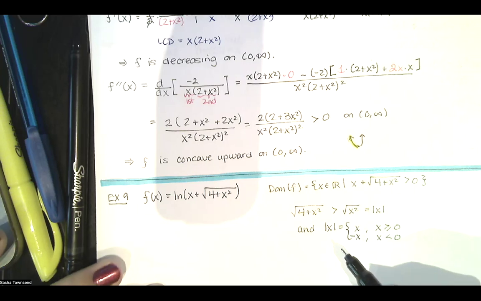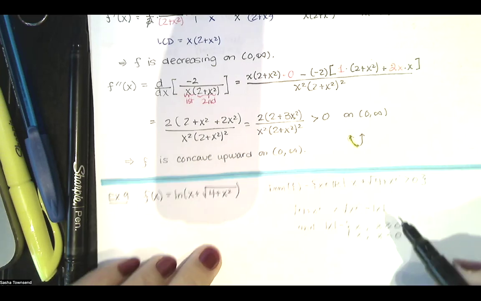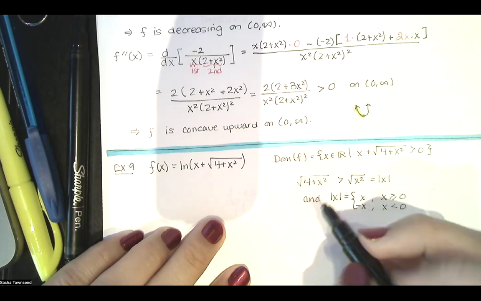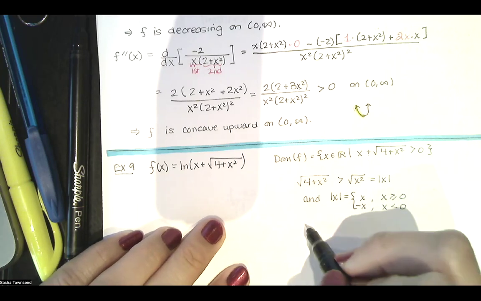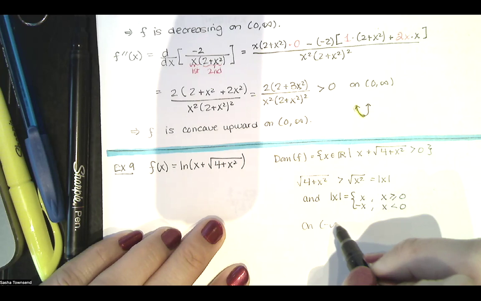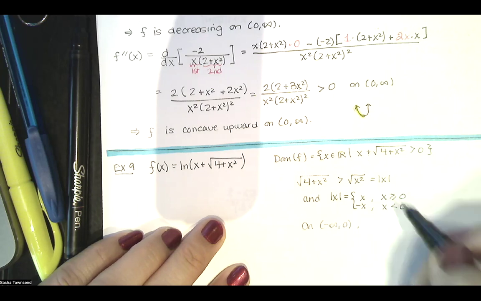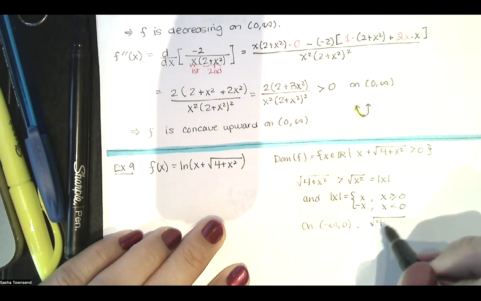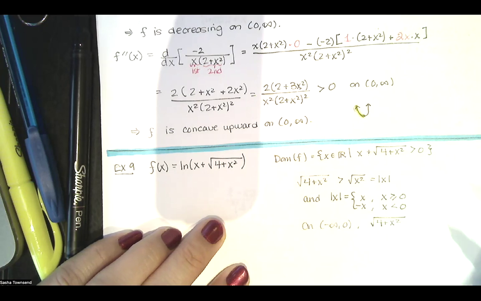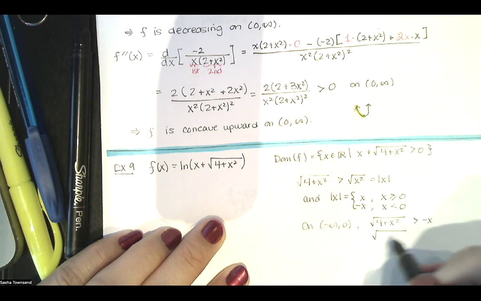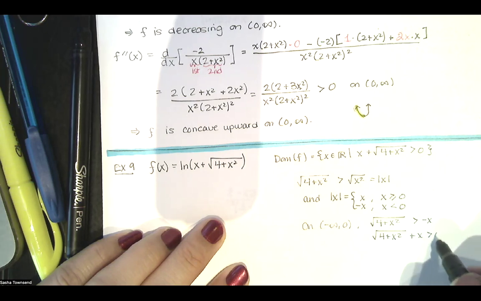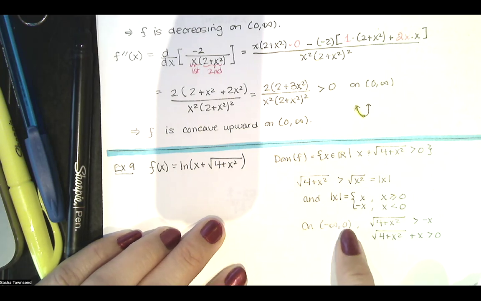So on the interval from -infinity to 0, when x is negative, what that inequality says is that the square root of 4 plus x squared is greater than -x. So if I add x to both sides, on the interval from -infinity to 0, this expression is positive.